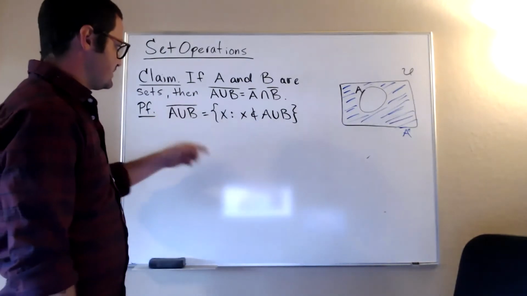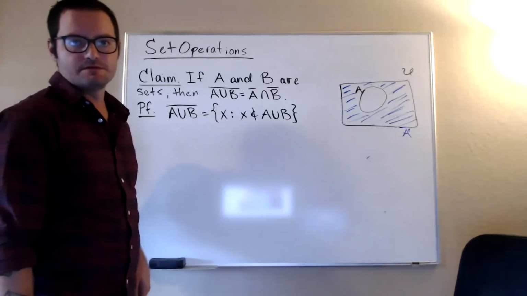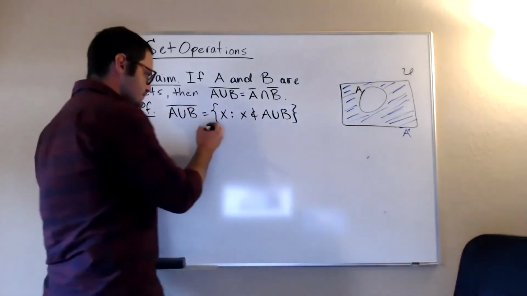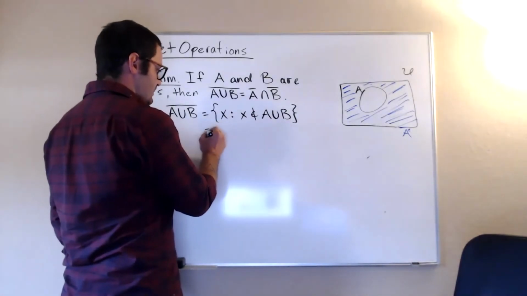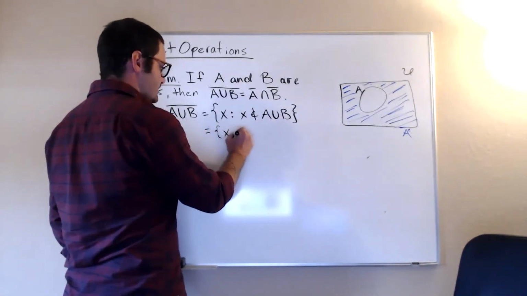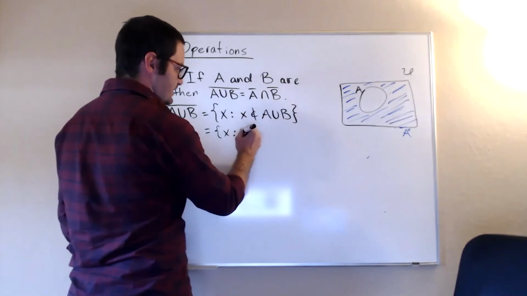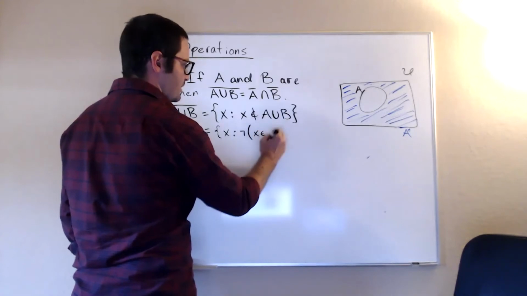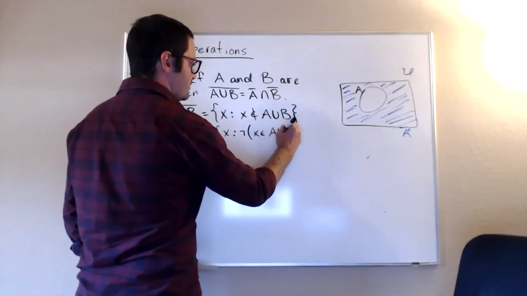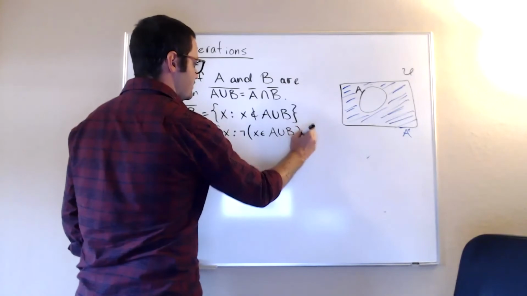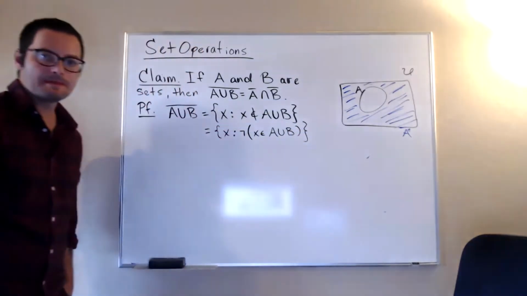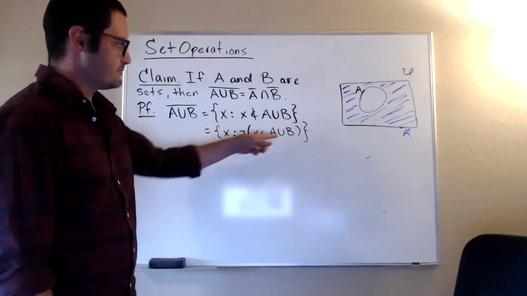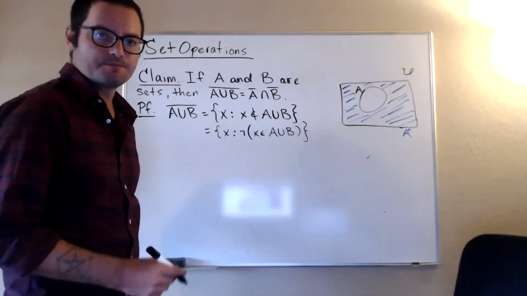The complement of a set is just saying that x is not in whatever you're looking at. In this case, it happens to be the union of two sets. Well, using what we know from logic, we can say that this is like negating the statement or the proposition that x is an element of A union B. Right? This is equivalent to that. You're negating x being in there. It's like saying x is not in there.